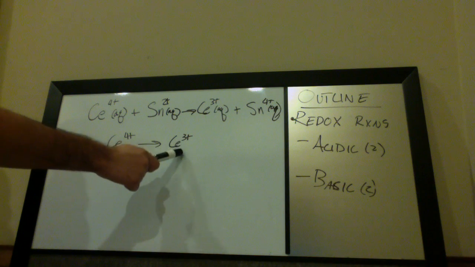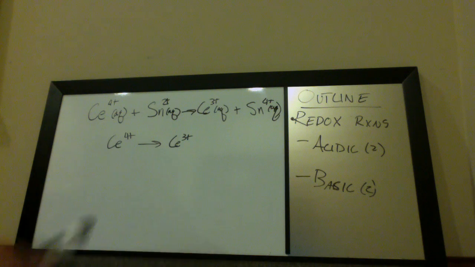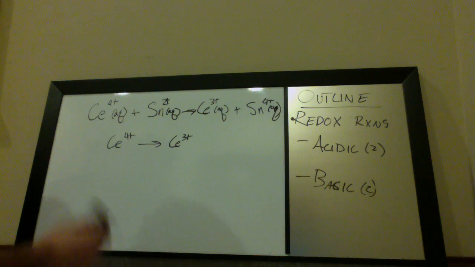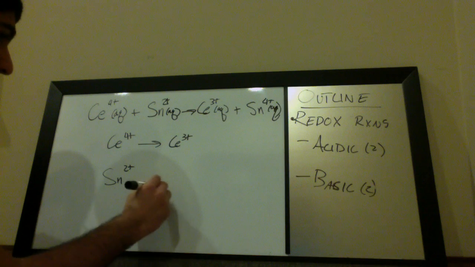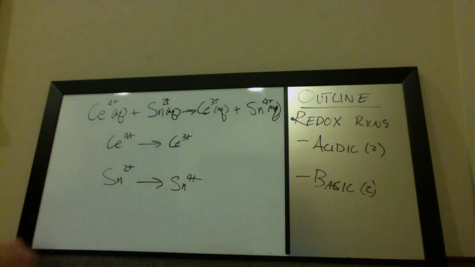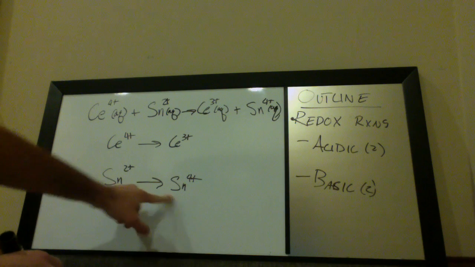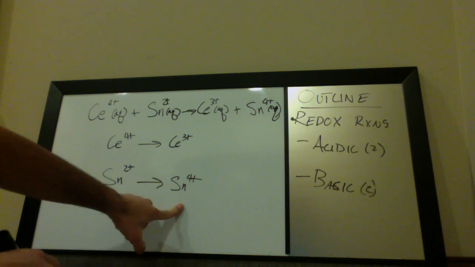That means it was a reduction reaction. So I'm going to call this a reduction half reaction. And this other reaction, tin 2 plus to tin 4 plus, is becoming more positive. It is losing electrons. That means this is an oxidation half reaction.